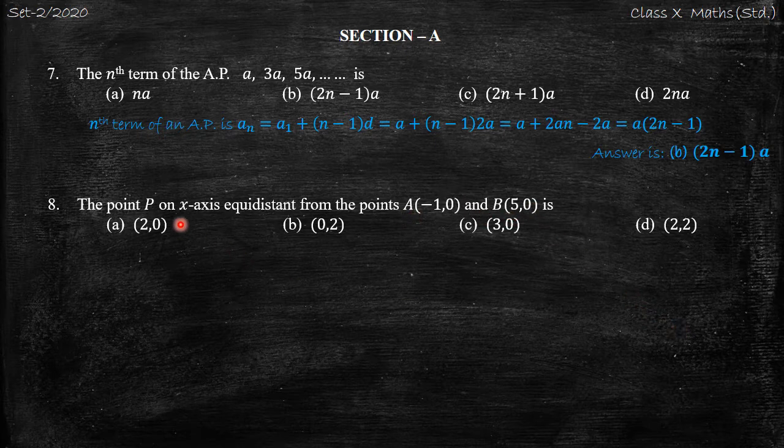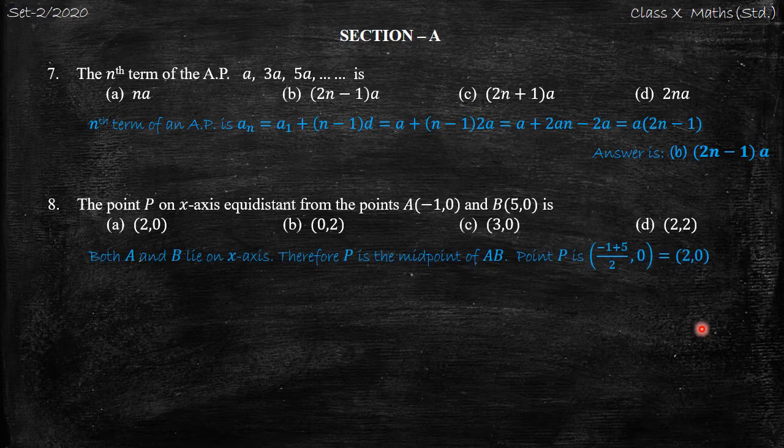So P, being equidistant, should be the midpoint of A and B. You know how to find the midpoint: x1 plus x2 over 2 and y1 plus y2 over 2. Applying this to the x values, you will get 2 as the x value of the midpoint. So the option is A.